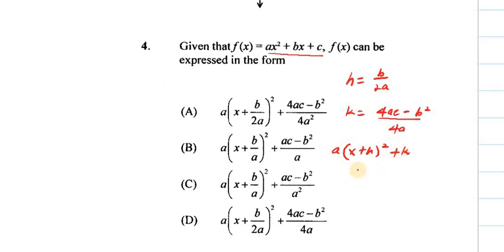So which one of these fits this profile? When we examine each one, we see that the last answer here, which is D, fits that profile. This one has 4ac minus 4a squared, which is not similar to D there.